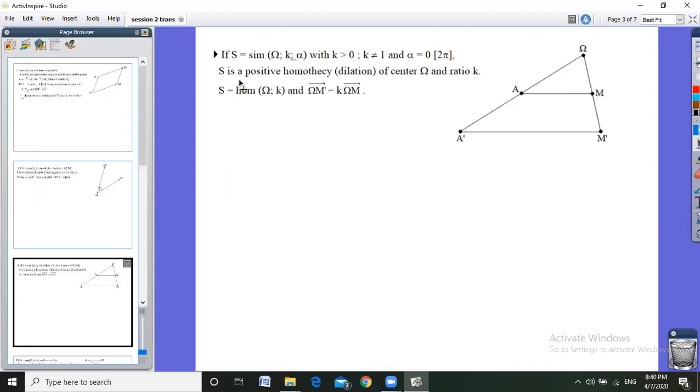In this case, S is a positive homothety, or a positive dilation, of center omega and ratio K. We write S equals homothety omega K, and we have the vectorial equation omega M prime equals K omega M with K positive. To write this homothety or dilation as a similitude, we can write similitude omega K 0, where the angle is 0.